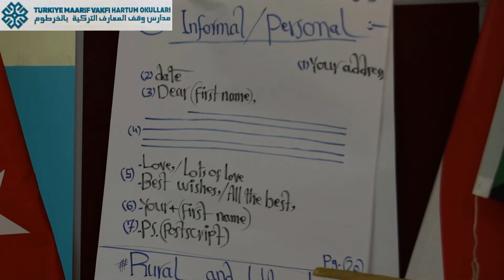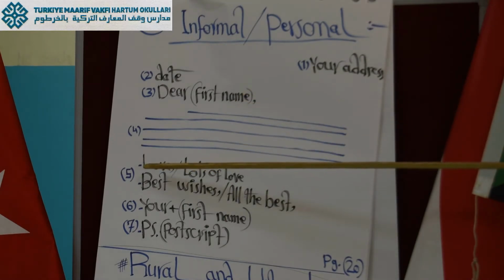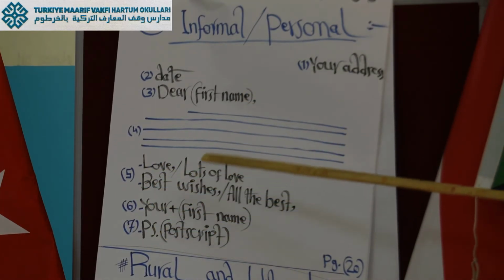That's all. So go to page 20 and revise it. Here we add additional details which are not found there. For example, this one and this one and this one are not available there, but this is the general modern way of writing the informal letter.